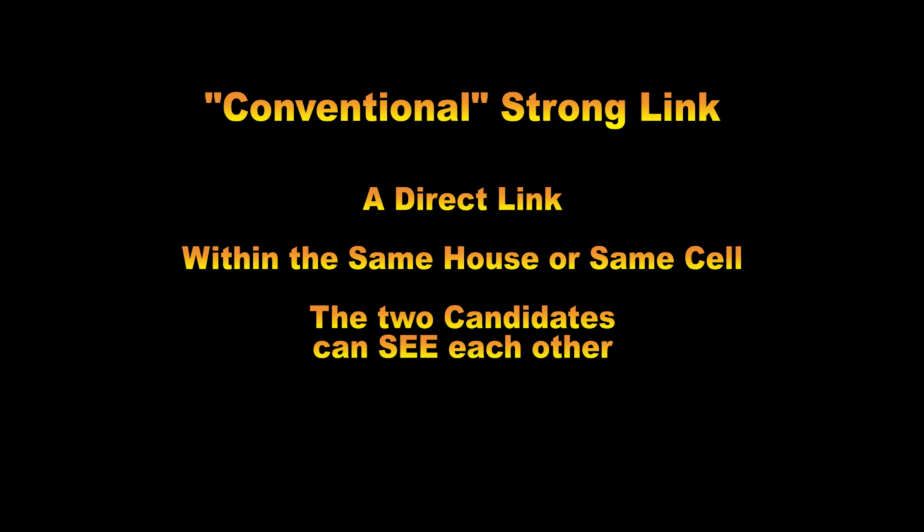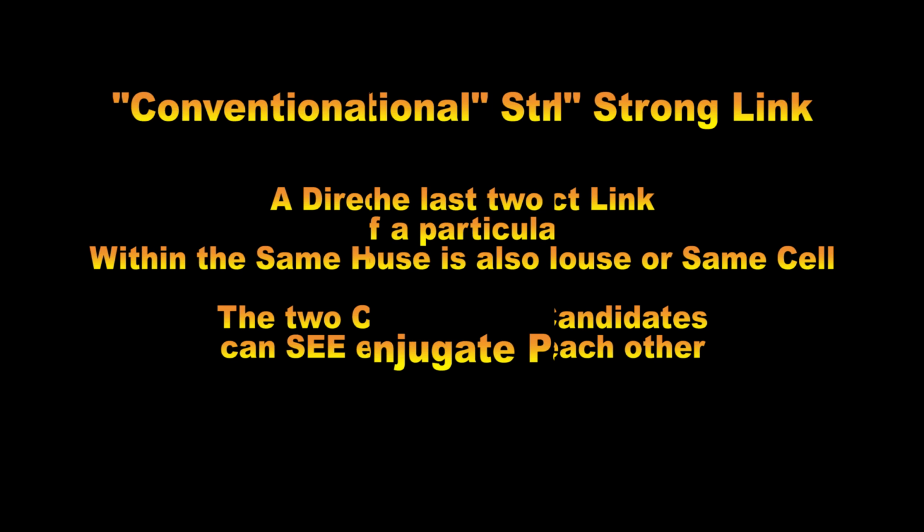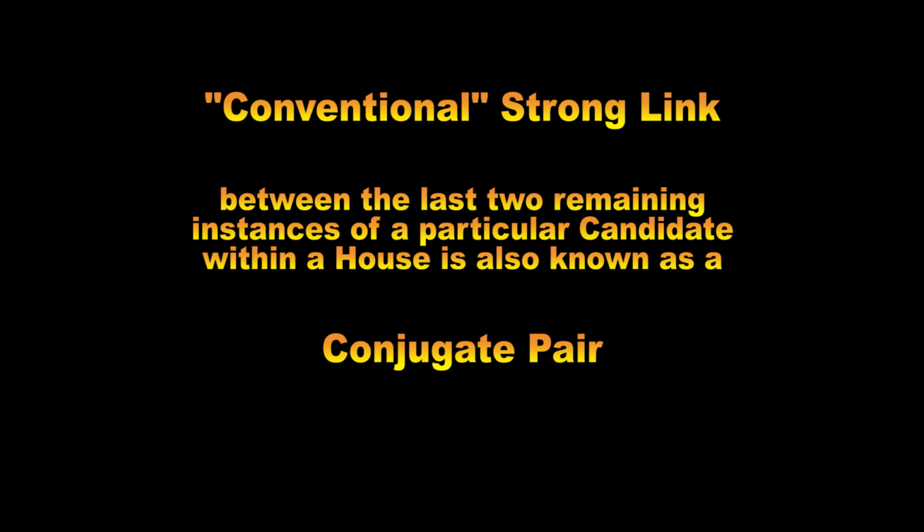They cannot both be false and they cannot both be true. One must be false and one must be true. This is the only way it can be. It's a verity. And further, when we have a conventional strong link between two same-digit candidates within a house, this is also known as a conjugate pair. This simply means that one of the candidates must be true and the other must be false.